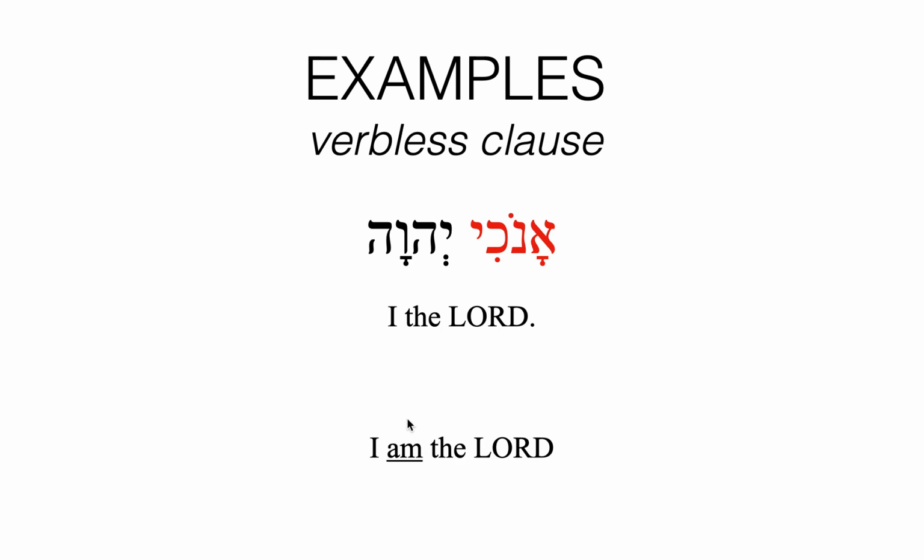We need to supply the verb to be: I am the Lord, or I was, or I will be. The context determines the tense of the to be verb that is supplied. So if you see a pronoun and there is no verb in that sentence, you need to have a to be verb added in English. And it is the verbless clause or nominal clause.